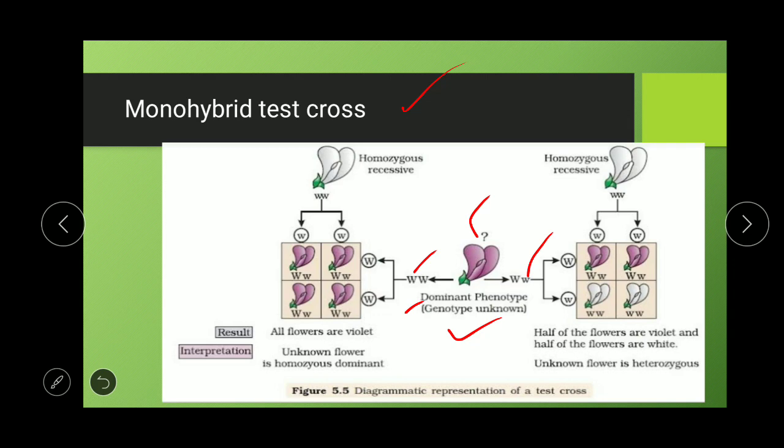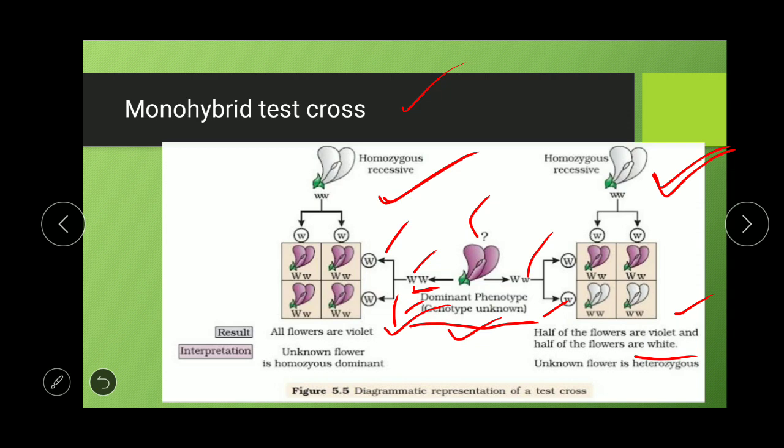If you cross with the homozygous recessive, that is white flower, in both cases homozygous recessive, and here both are dominant alleles, capital W. You are getting all the flowers violet. And here if capital W small w is there, you are getting half of the flowers violet and another half white. So you don't know the genotype of the dominant phenotype, that is the plant showing the dominant phenotype.